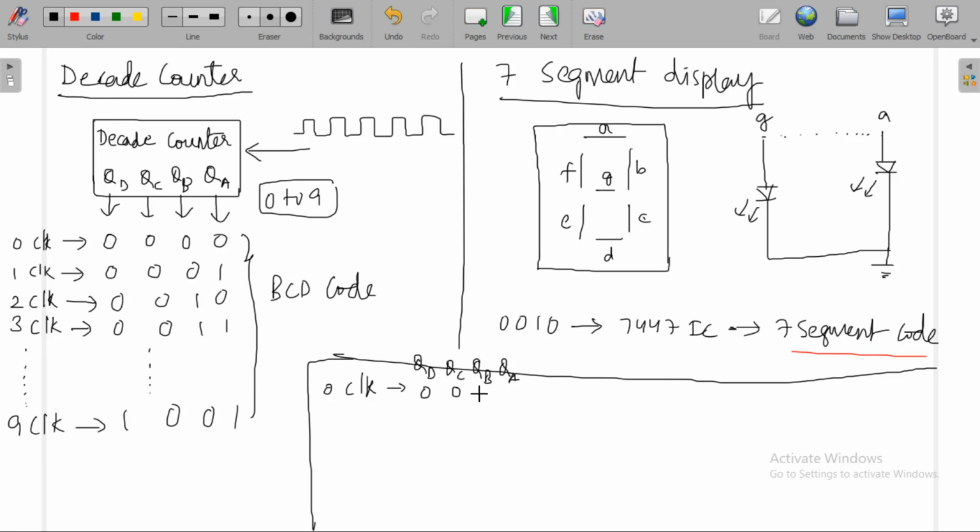Okay, 0000 BCD code. A, B, C, D, E, F, G. Okay, so to display 0, this will be turned off.